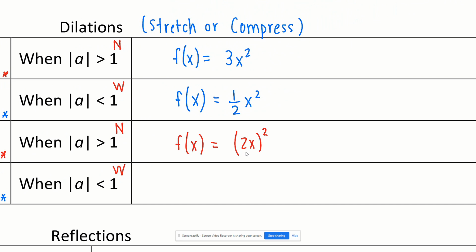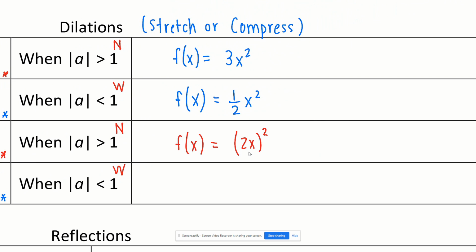Well, it's got to get narrow, right? It's got to get narrow because it's greater than 1. And then I would say, well, that's horizontal. What move makes it more narrow horizontally? Well, that's a horizontal compression. You smash it together. So I know for sure that this one is a horizontal compression.